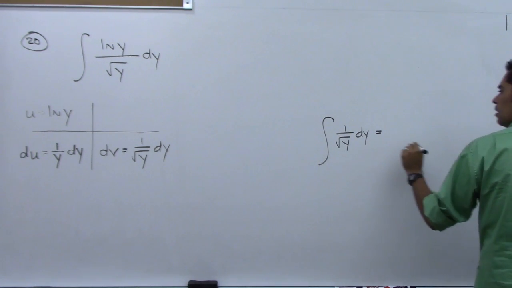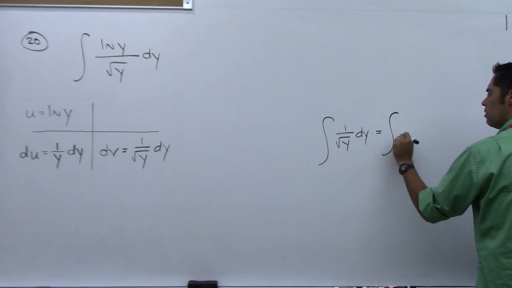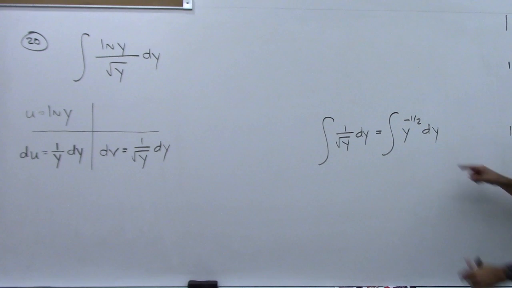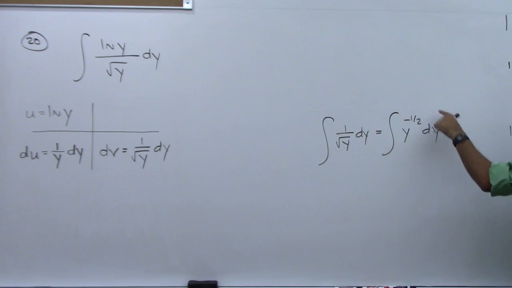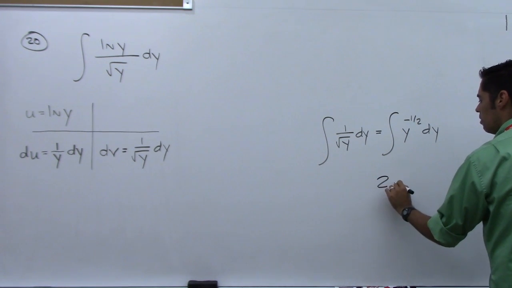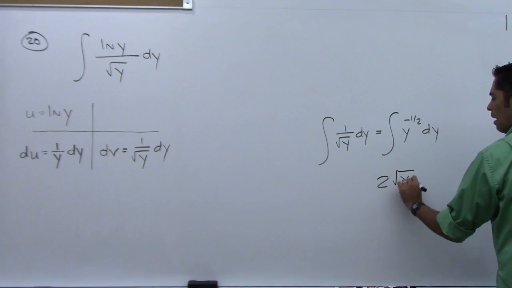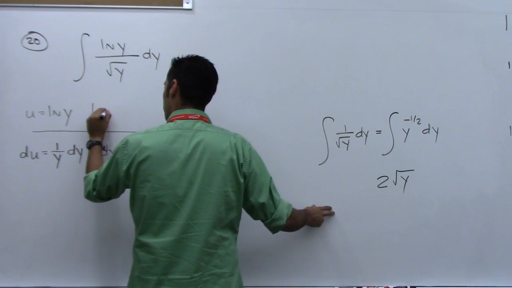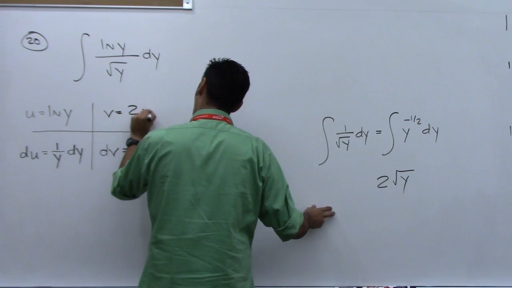Hold on just a second. So this is going to be the integral of y to the negative 1/2 dy. So we use our rule, we add 1 to this, which is 1/2, 1 over 1/2 in the front, so that's 2. So this is going to be 2 y to the 1/2, 2 square roots of y. So that's what this is. I'm going to write it as v is equal to 2y to the 1/2.